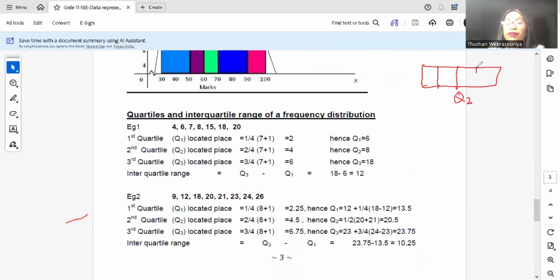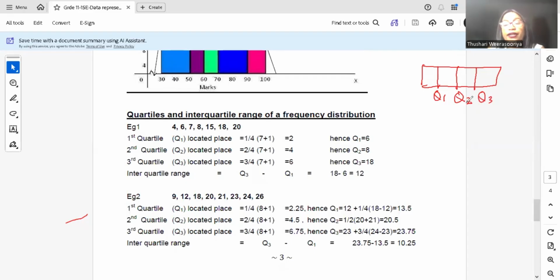Quarters. I am dividing the stripe into 4 parts. The quarters, quarters. Quarters, right? This is Q1. This is Q2. This is Q3. Quarters, right? Q1, Q2, Q3. Okay. Now we'll see how to find quartiles, right?